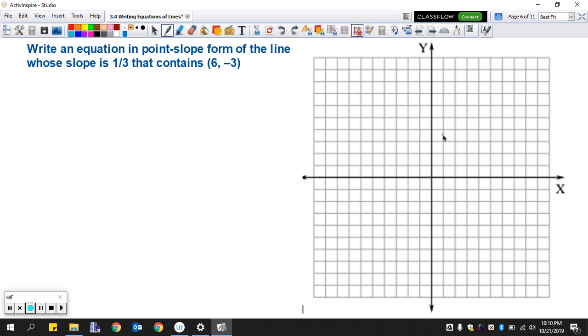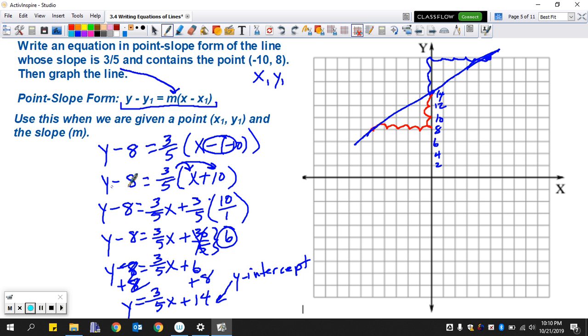Okay. Write an equation in point slope form of the line whose slope is 1/3 that contains 6, negative 3. And I just thought about it, back here it asks us to write in point slope form.